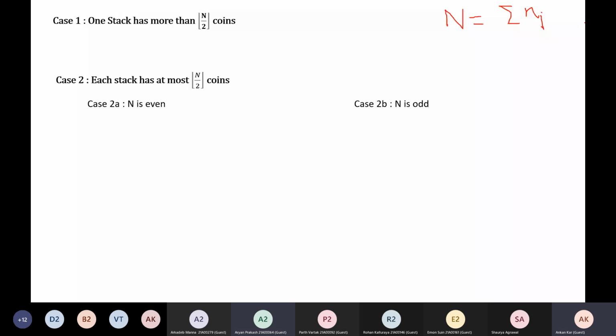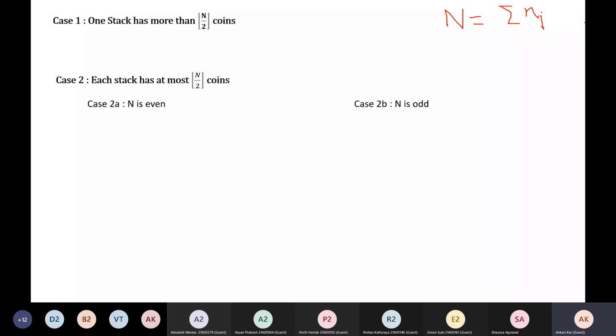That's not allowed, it's alternate. A will play from that stack, B will take from another stack, you can't take from that stack. So A will again take from that stack because B has taken from another stack. If the number of stacks is one, then obviously B will lose, but we are not considering that.